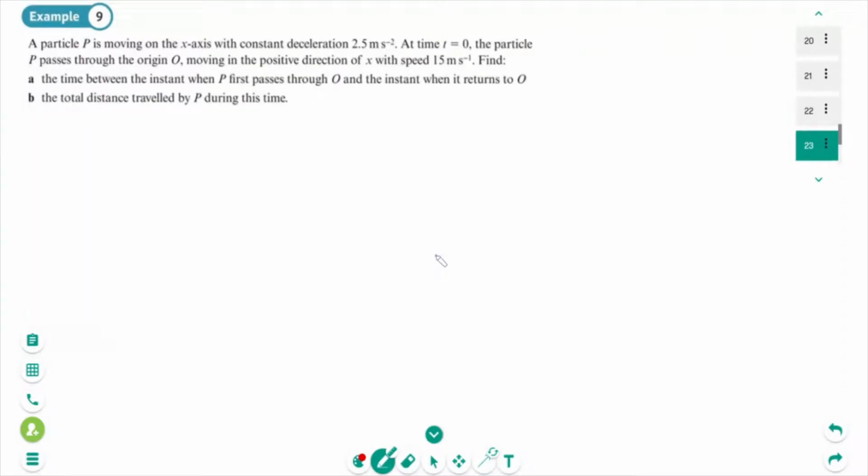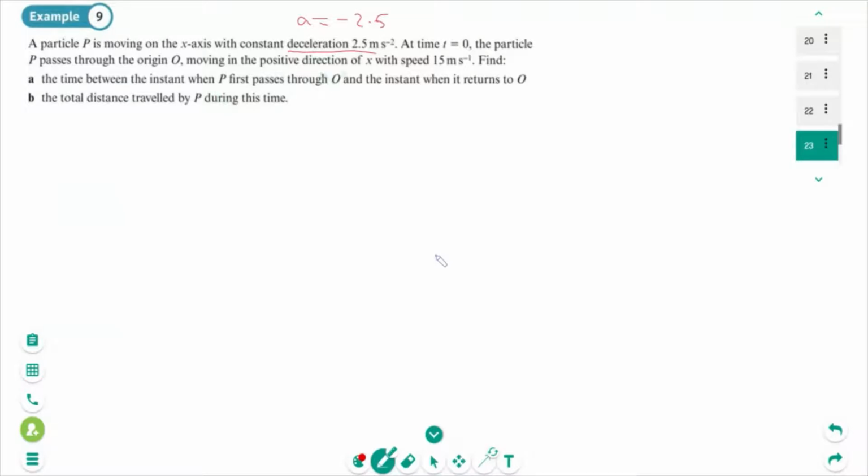Example 9. Particle P is moving on the x-axis, so the particle is moving on a straight line. Constant deceleration, 2.5. As soon as you see the word deceleration, it's a negative A, slowing down. At time t equals 0, the particle passes point P through the origin, moving in the positive direction of x.